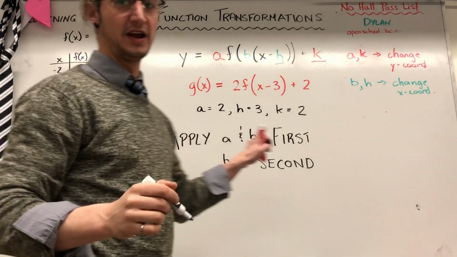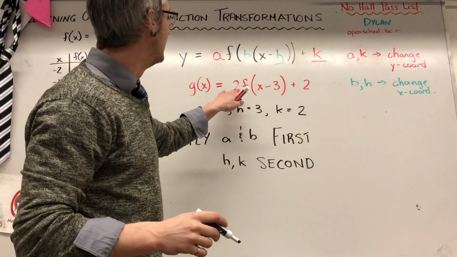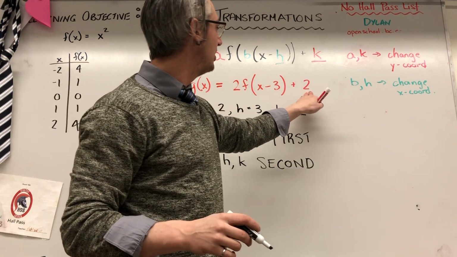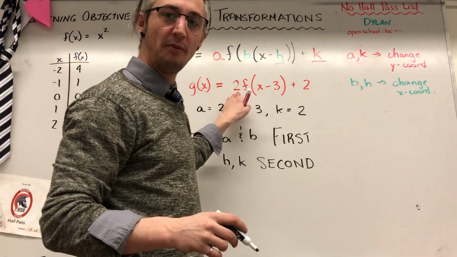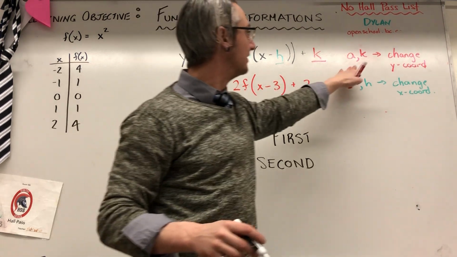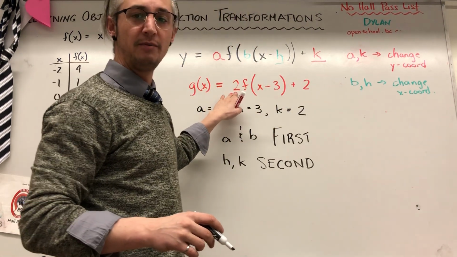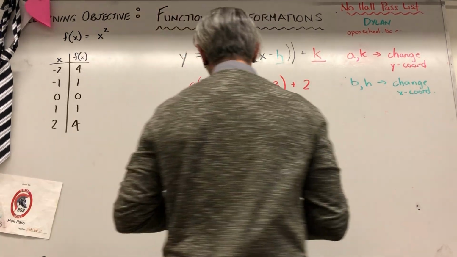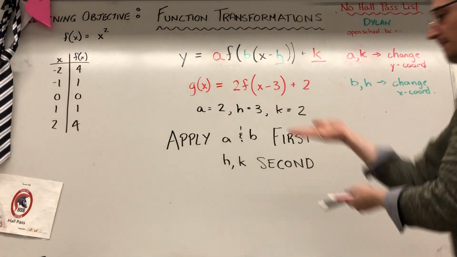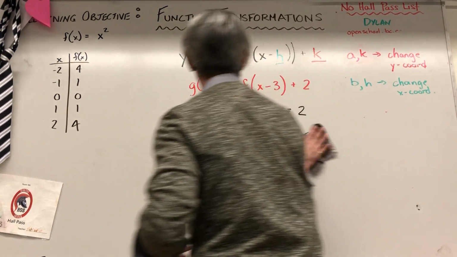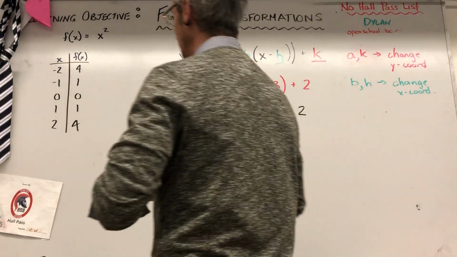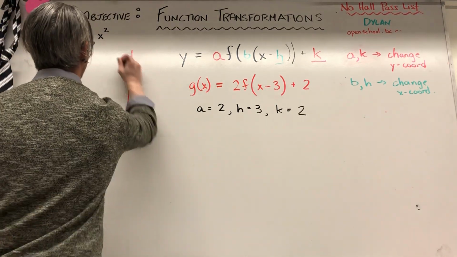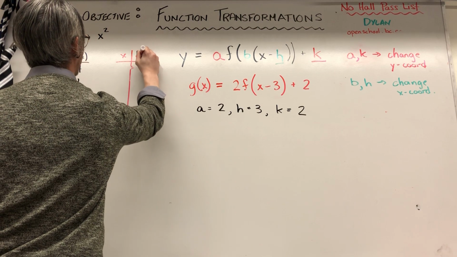So if I have a stretch and a shift, I'm going to do the stretch first. I'm going to multiply all my y coordinates, in this case, because A and K are y, by 2, and then I'm going to add the 2. Let's now build our new table of values. My new table of values is going to be right here, and it's going to be x and g of x.